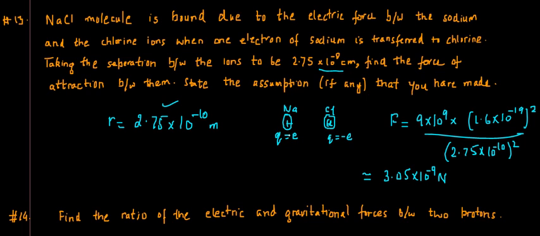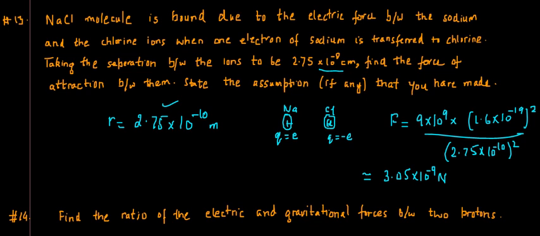Also, in fact, the positive charge on the sodium ion is not distributed uniformly, and nor is the negative charge distributed. So we have assumed that the distribution is uniform and that they act like point charges.